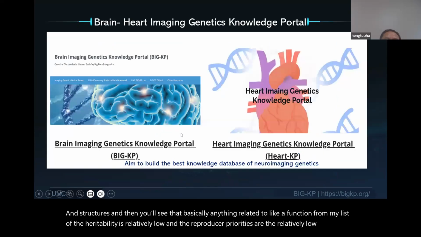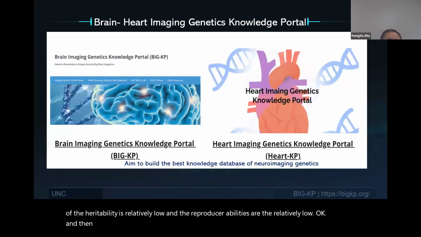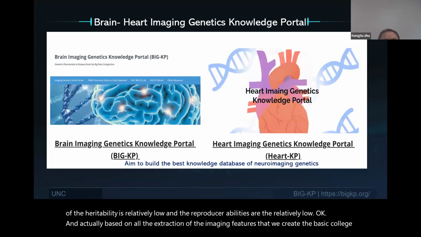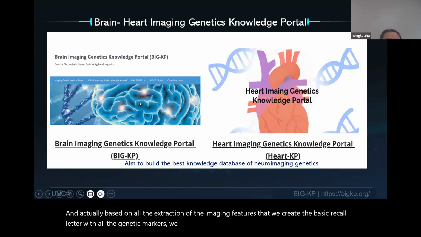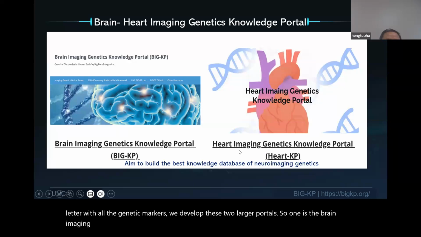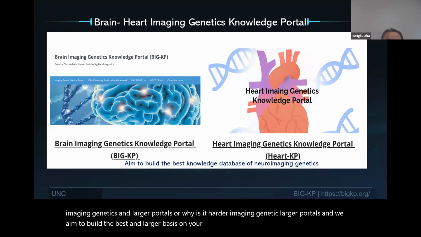Based on all the extracted imaging features, we correlated them with all the genetic markers. We developed two large portals: the brain imaging genetics portal and the heart imaging genetics portal. We aim to build the best and largest database on neuroimaging genetics.